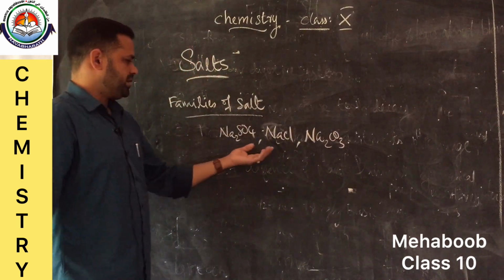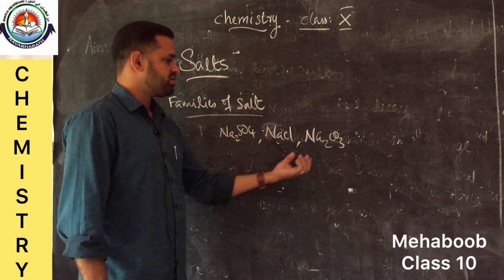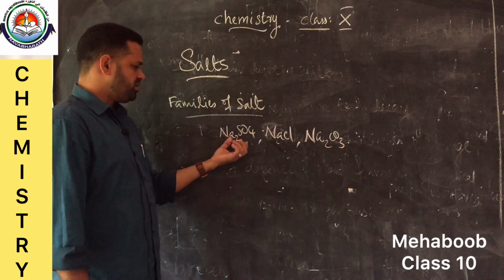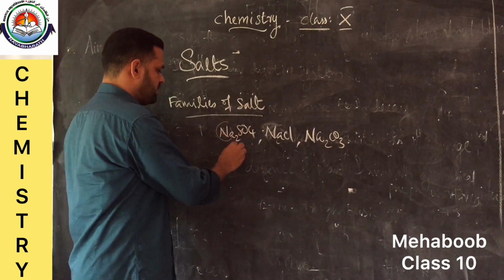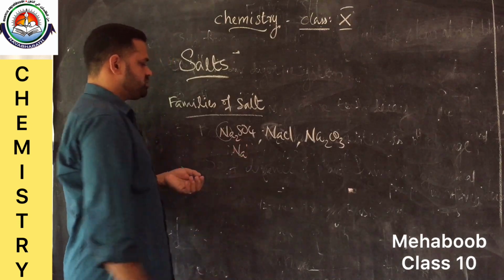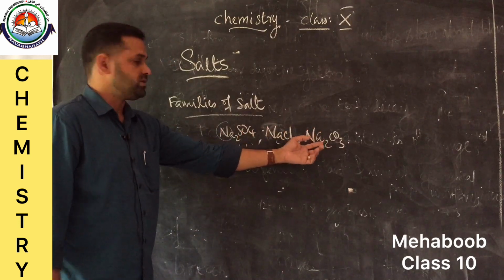Here we have sodium sulfate, sodium chloride, sodium carbonate. In all these cases there is a common cation, sodium. So this belongs to a family.